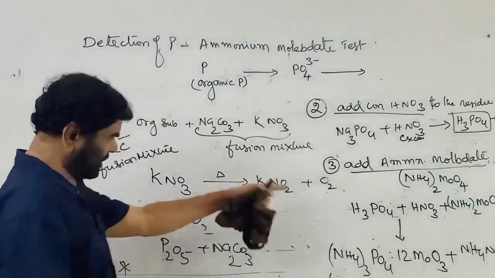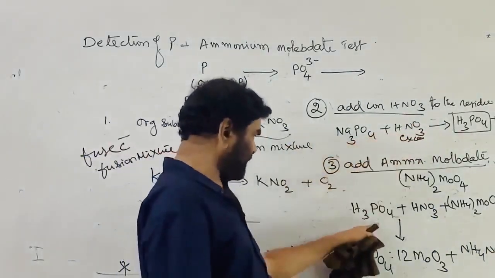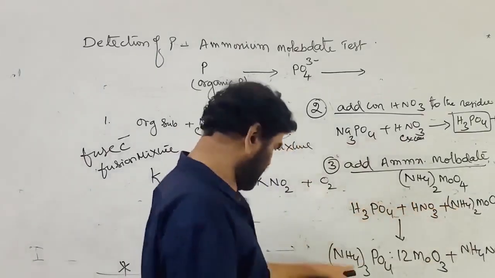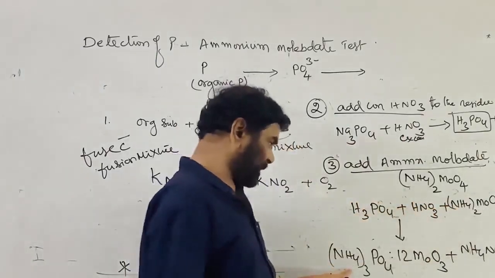So phosphoric acid, the phosphate ion, treated with ammonium molybdate in the presence of HNO3, is converted and this precipitate is formed.